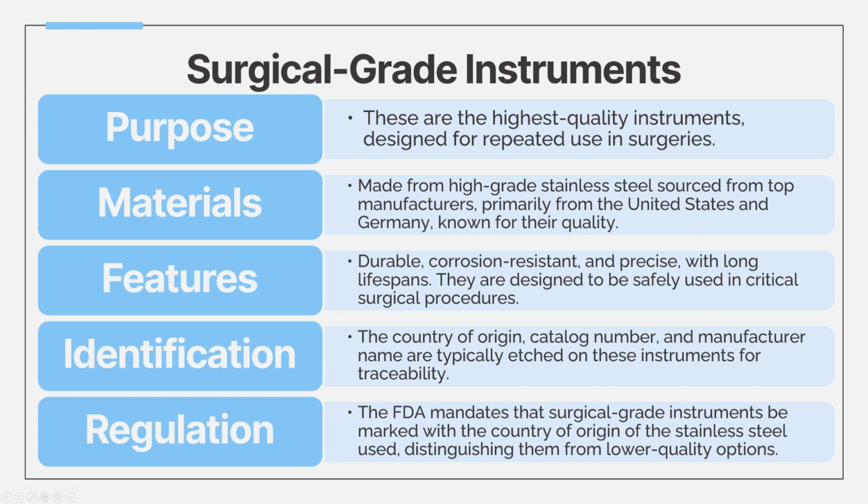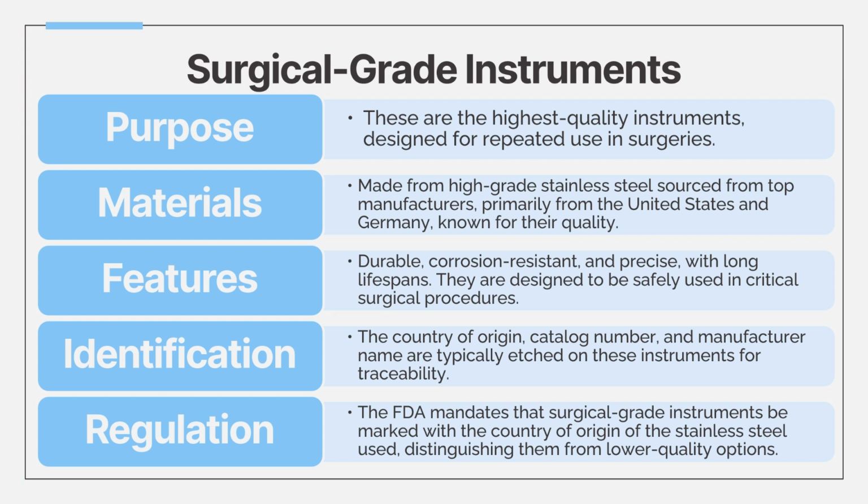So surgical grade instruments, their purpose, they have to be of the highest quality, designed for repeated use in surgeries. The materials are made from premium stainless steel, sourced from top manufacturers in the US and Germany. Features include durable, corrosion resistant, and precise with long lifespans.